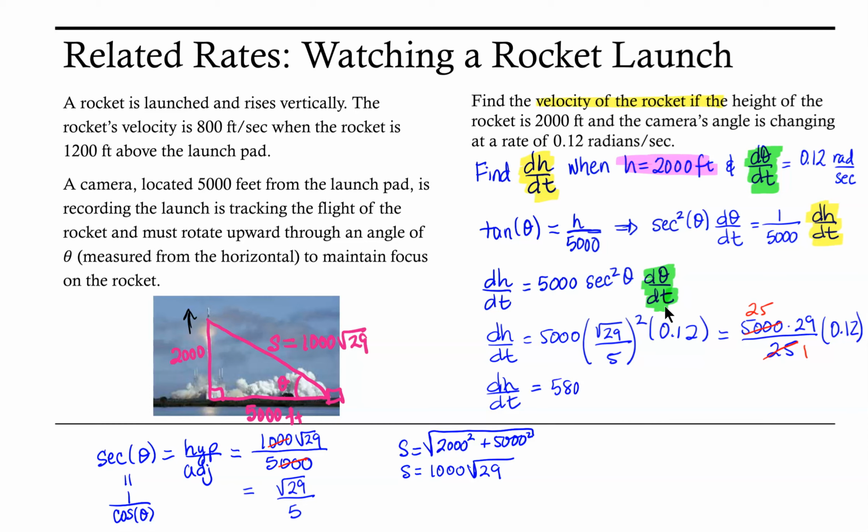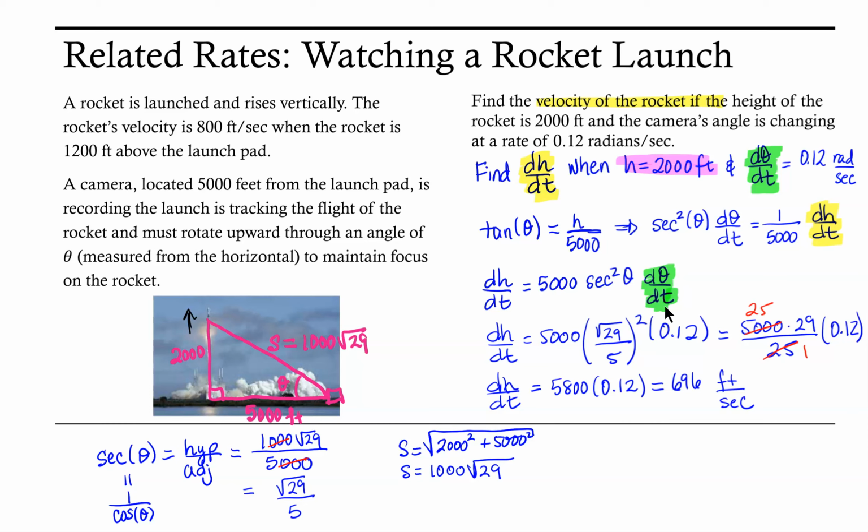And then we need to multiply that by the 0.12. And when we do that, we end up with 696. And our dh/dt is measured in feet per second.